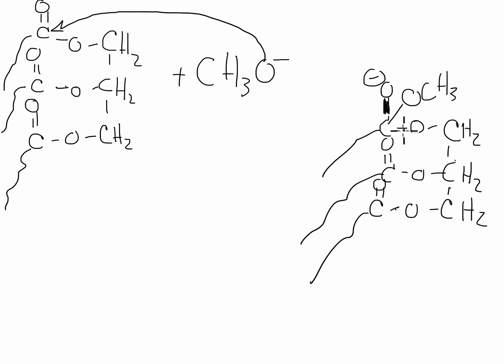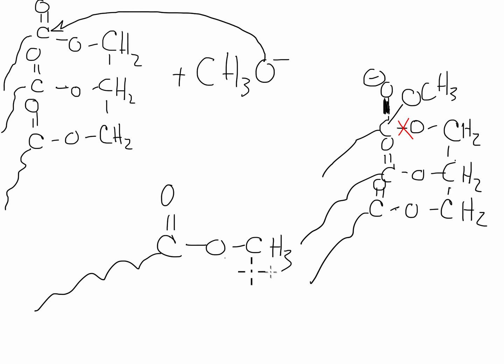Now, very quickly, this bond here breaks. We break this bond. And what we're left with, when we're finished with this, is our carbon with its tail, and it's capped with this methyl group.